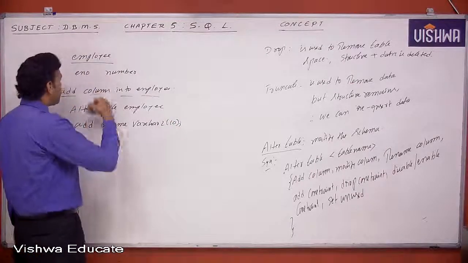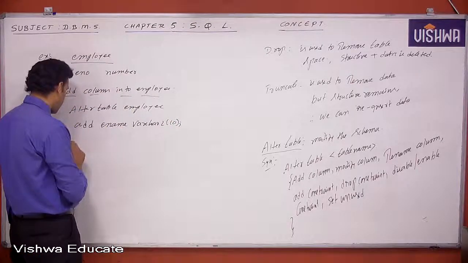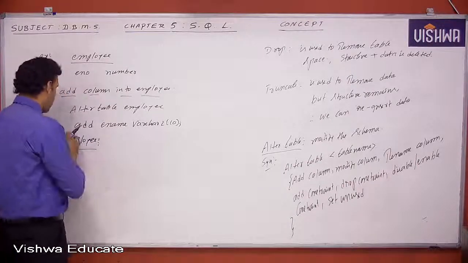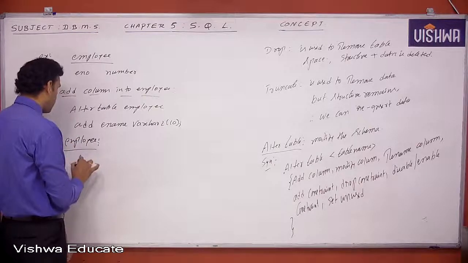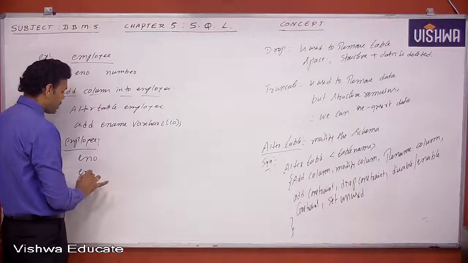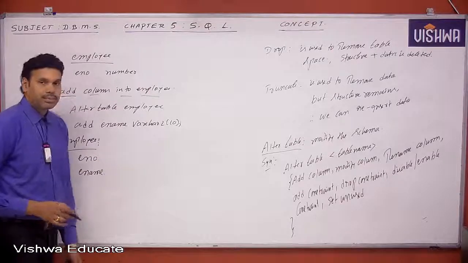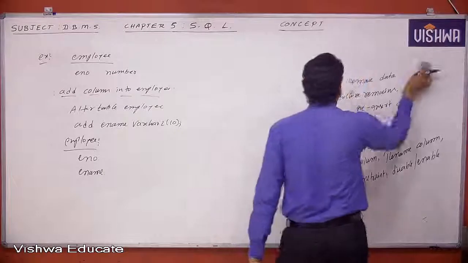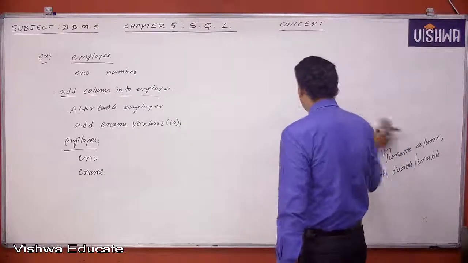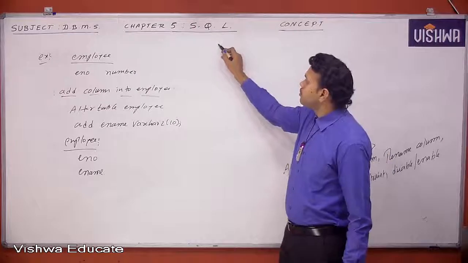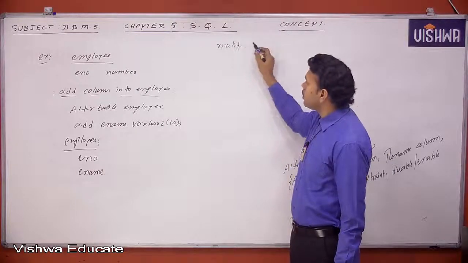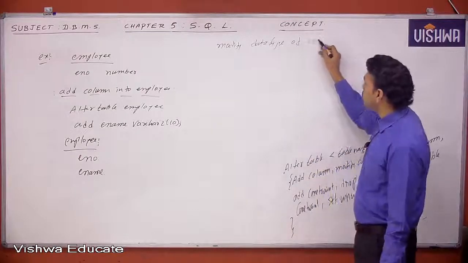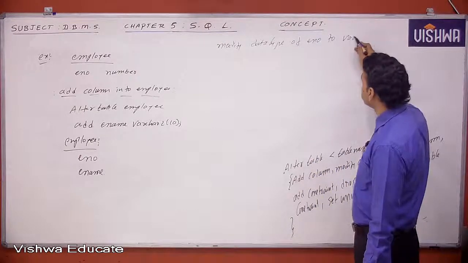After creating this, if you look at the employee table now, it has two columns: employee number and the second one, employee name. Now I want to modify the data type of ENO to varchar.